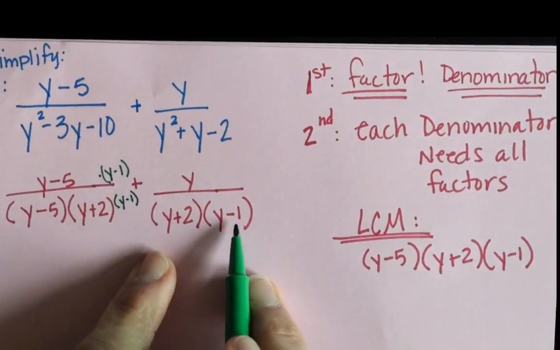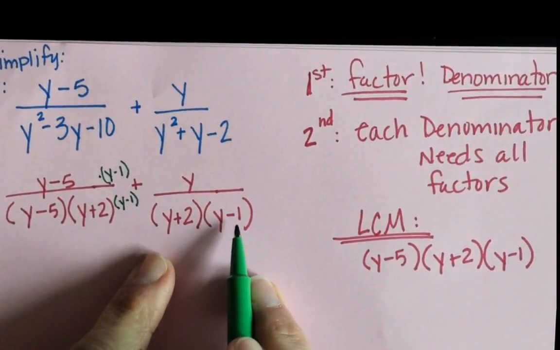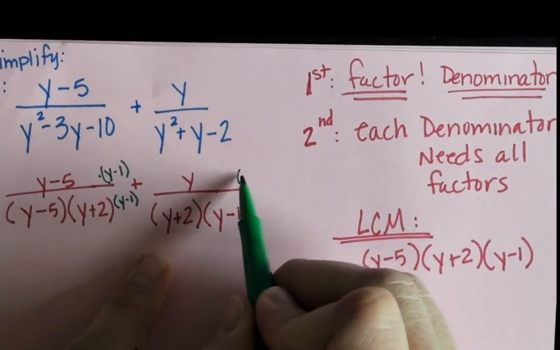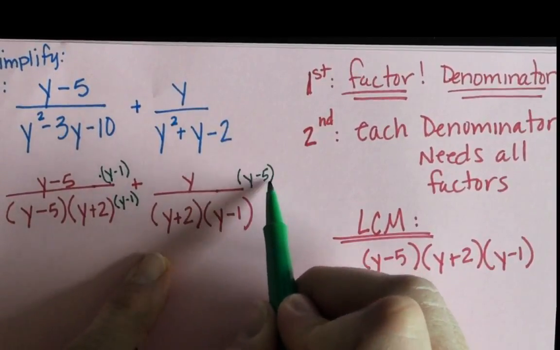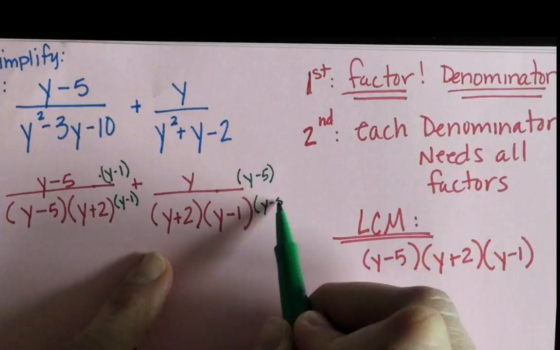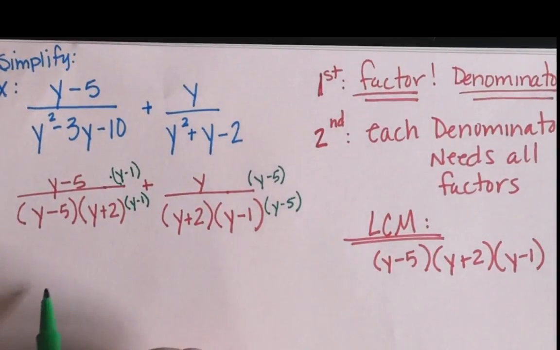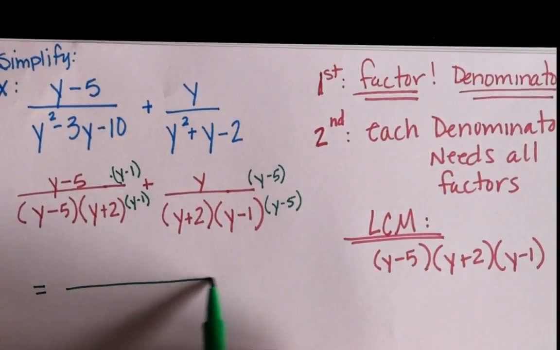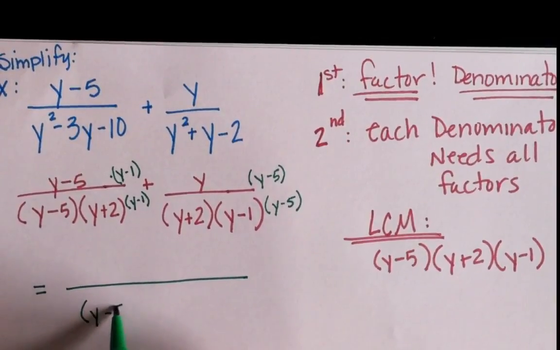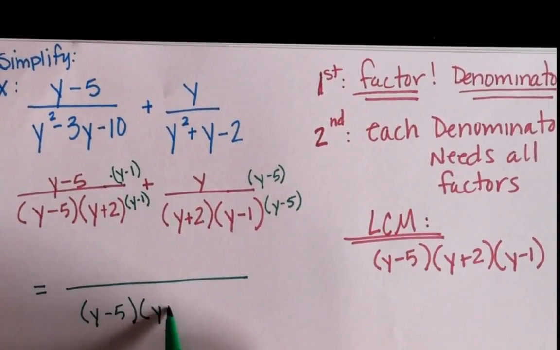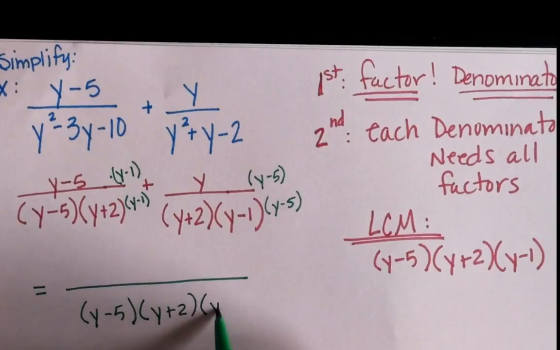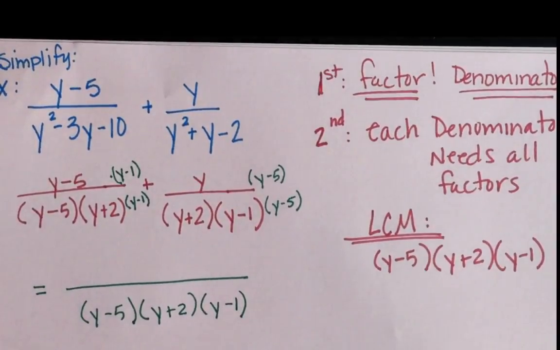Over here we have a y plus 2 and a y minus 1, so top and bottom still needs a y minus 5. And again, we are going to just write our common denominator to save some time, so that's a y minus 5, a y plus 2, and a y minus 1. And it doesn't matter what the order is, they're just multiplied together.